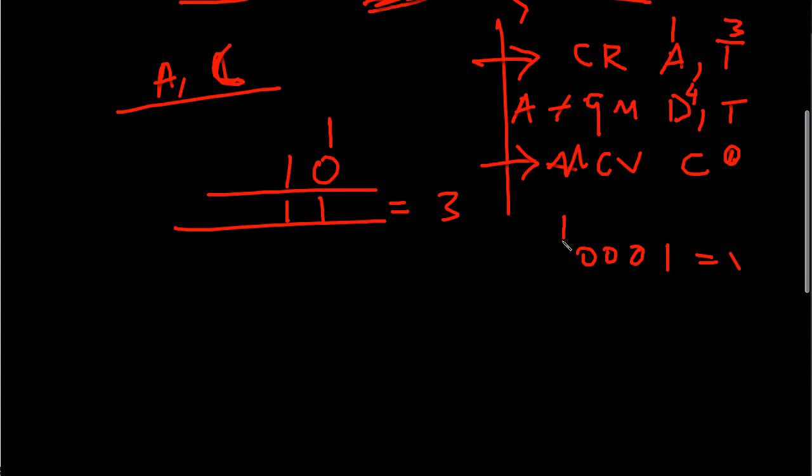So 1 0 1 0 1 0 0 0, and this was 24. Now let's look at this case, and this is our preference. Our preference is 3, and so let's compare this with this.